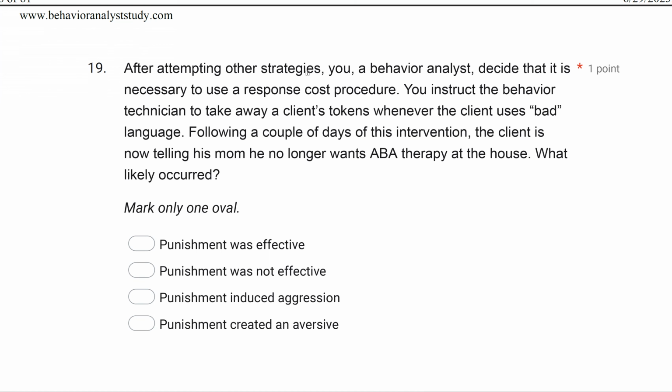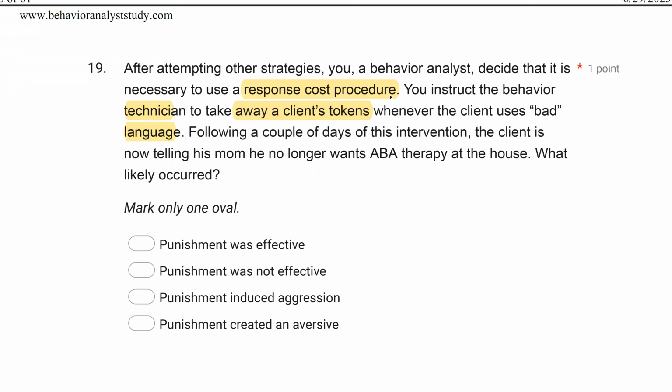So after attempting other strategies, you say, let's use a response cost procedure. Well, that's your first hint. Response cost is what? A negative punishment procedure. And with punishment procedures, we've got to be aware that there's a chance things or people or stimuli will become aversive. So the technician is now taking away a client's tokens whenever they use bad language.